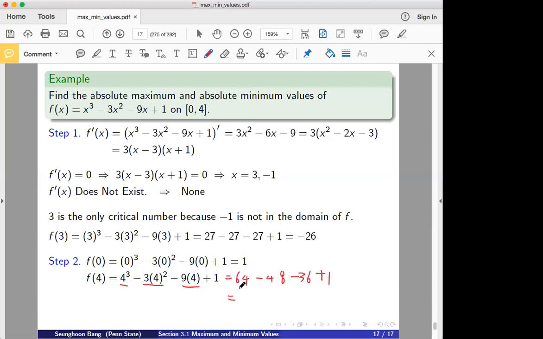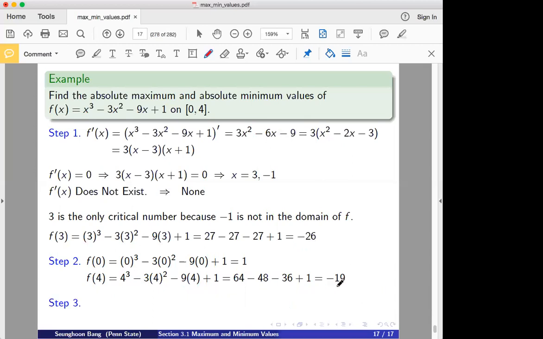And simplify: 64 minus 48 minus 36 is negative 20, since 64 minus 84 is negative 20. Plus 1 is negative 19. So we have three values: negative 26, 1, and negative 19.